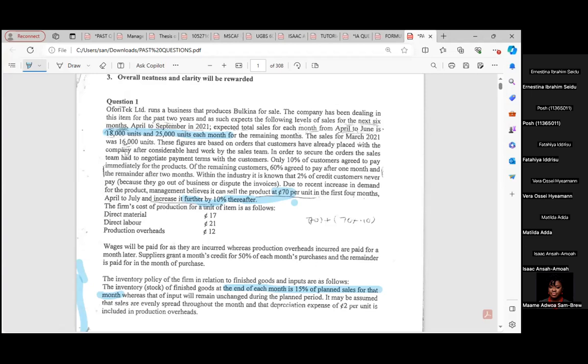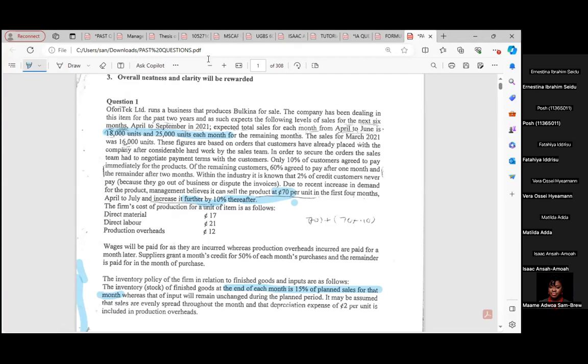The rest of what you have to do with budgeting is mathematics and a few accounting, like the opening and the ending and the starting stock. But the rest is just adding, multiplying and subtracting.